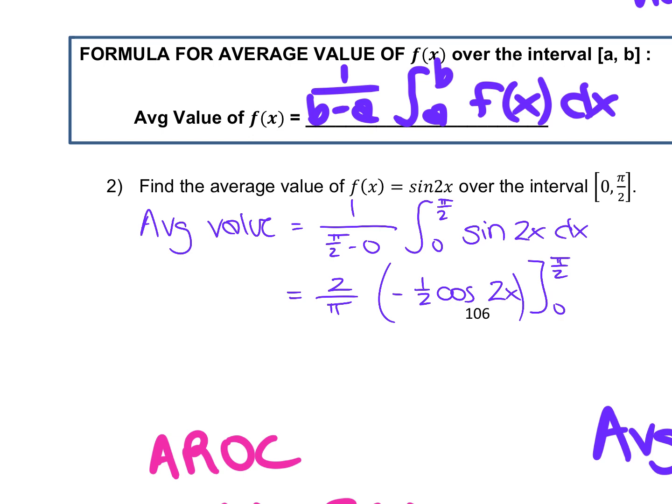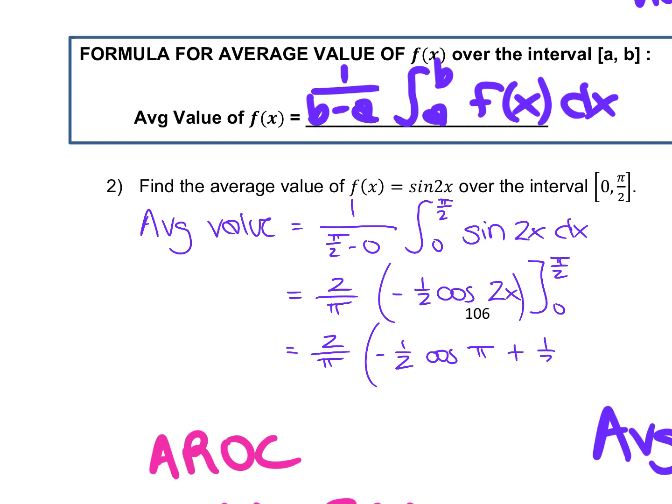This is still f of b minus f of a. Do we still do this subtraction? Still do the subtraction. So we've got negative 1/2 cosine of, when I plug in pi over 2, what am I really finding the cosine of? Just pi, right? Minus negative 1/2. What's this going to turn into?